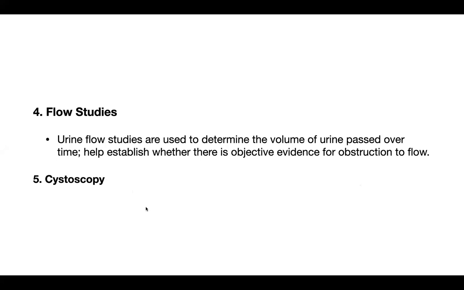So we are able to see the anterior urethra, the posterior urethra, and also the prostate, which is what is of interest in this particular case. So we are able to see if the lobes are enlarged, and how much room is available for the passage of urine. Like I said, if there is an enlarged median lobe, we shall be able to see. Same thing with the lateral lobes.